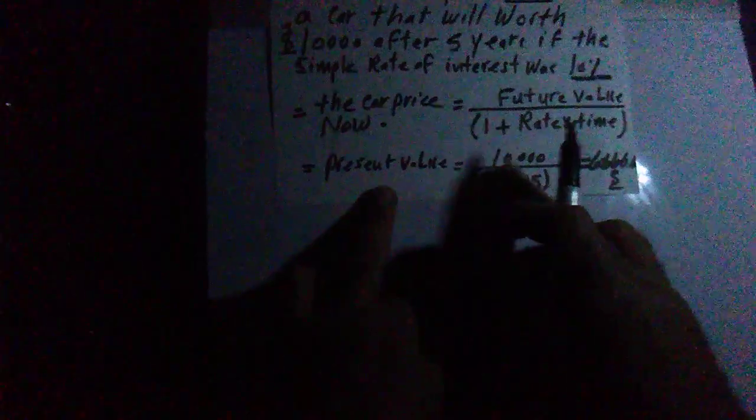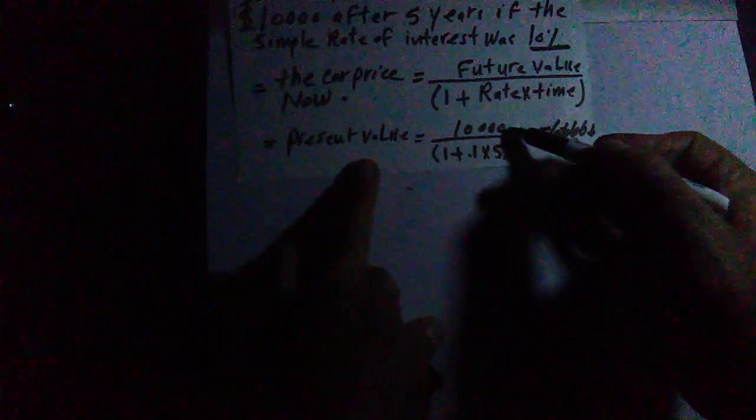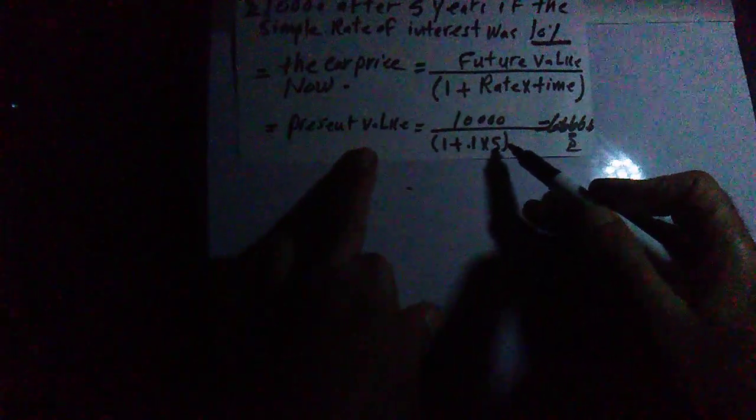I substitute the future value, 10,000, divided by 1 plus 0.1 times 5. The 0.1 is the 10% rate, and the 5 is the 5 years.